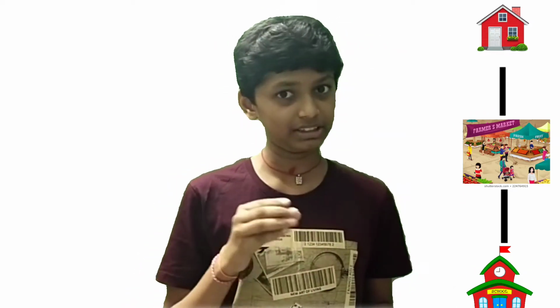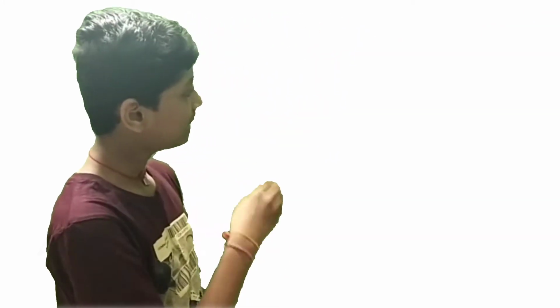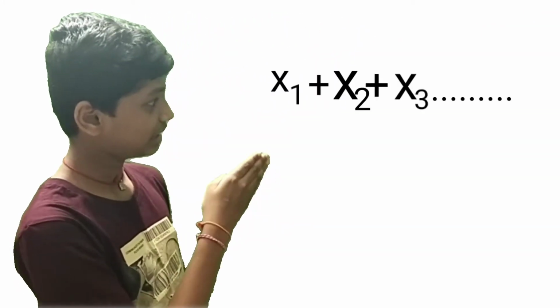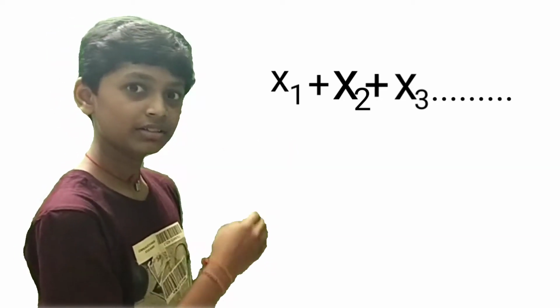From home to market is x1, and from market to school is x2, and so on. By adding these, the formula of distance is x1 plus x2 plus x3 and so on.